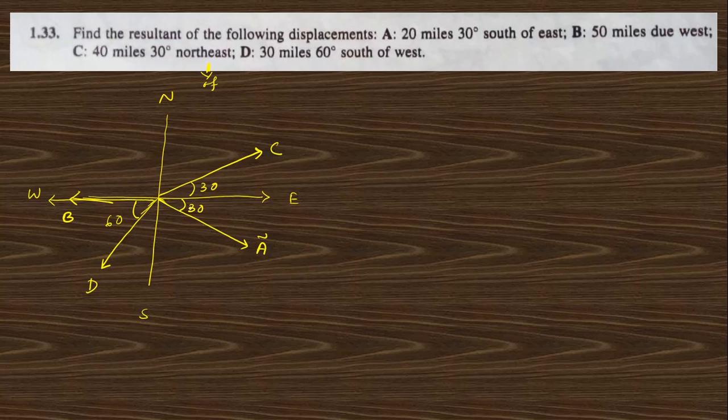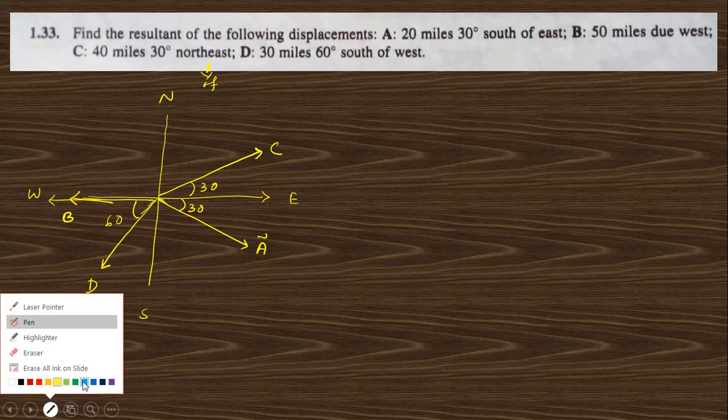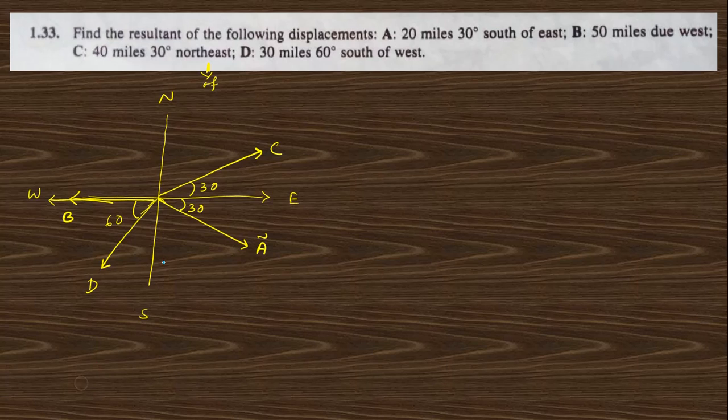This is B. So if I divide it into vector components, C will have the component C cos 30 along this, and C sin 30 along this. For A, along this A cos 30, and along this A sin 30.